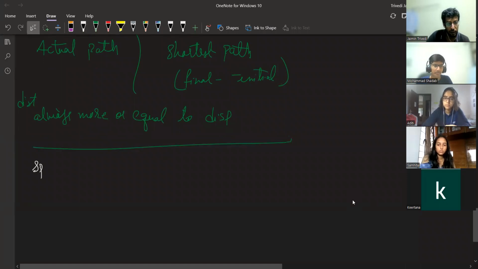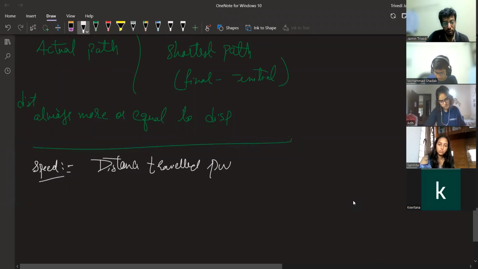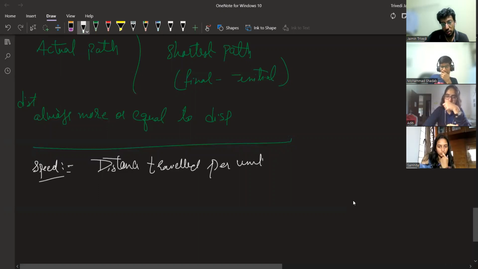Now speed. As usual, distance traveled per unit time. Distance traveled per unit time.